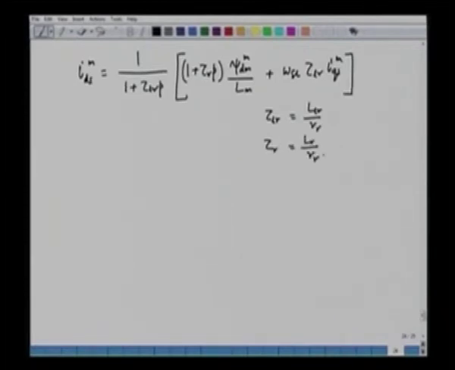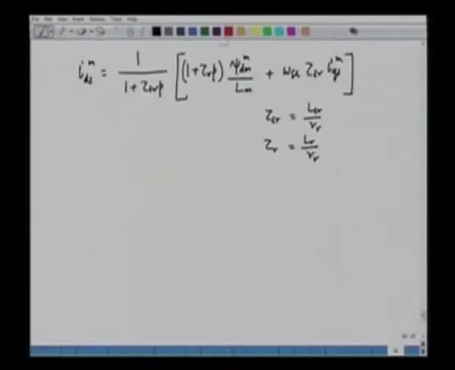If I want to keep my flux constant, I have to change IDS as per this equation, so IDS can no longer be constant when IQS is changing. I have to change IDS with IQS and slip speed. This is reflected from this equation.